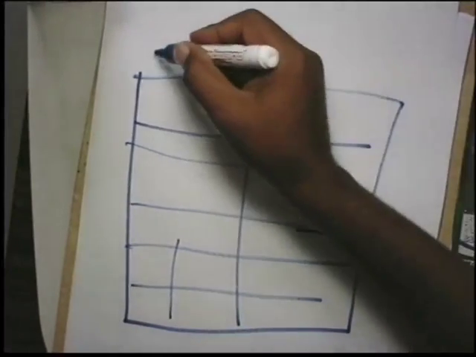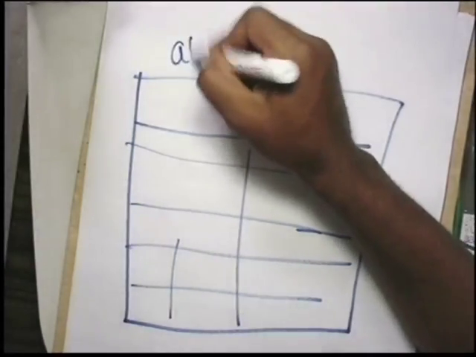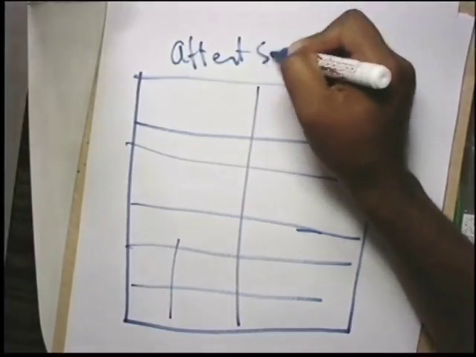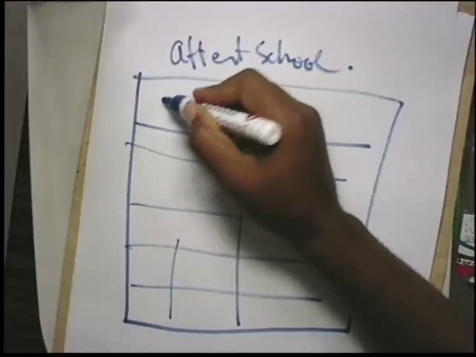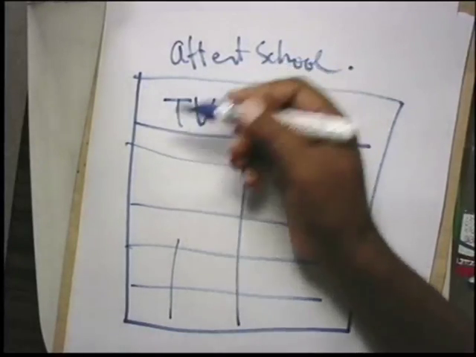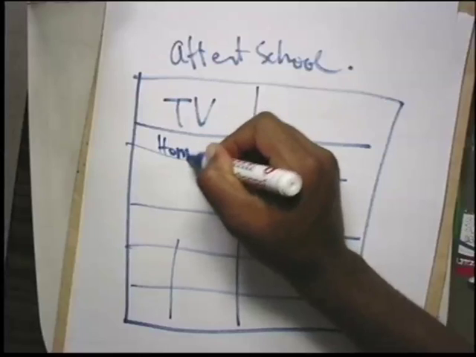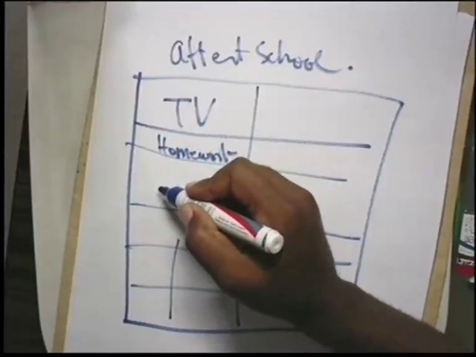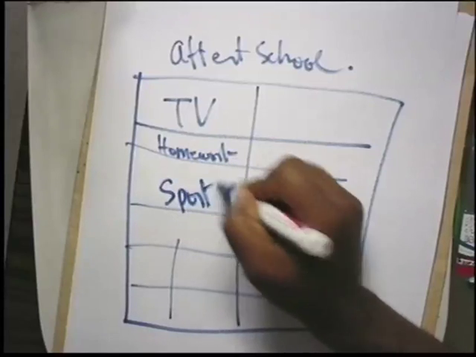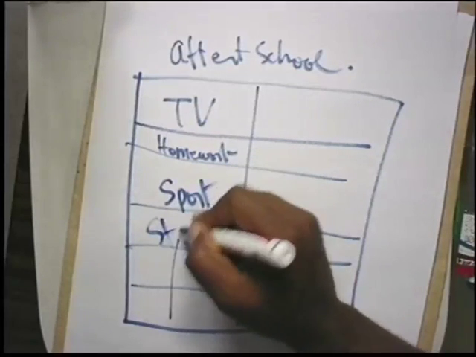So here on top you can have after school activity, which is now your heading. And here you have, for example, TV, you have homework, and here you have, for example, sport, and you have sleeping, and so on.